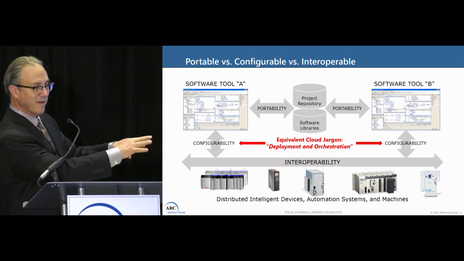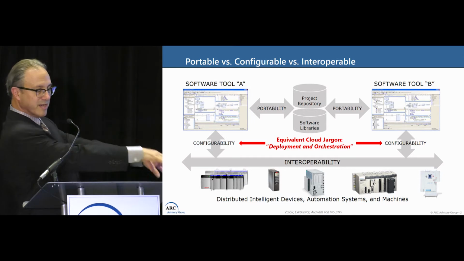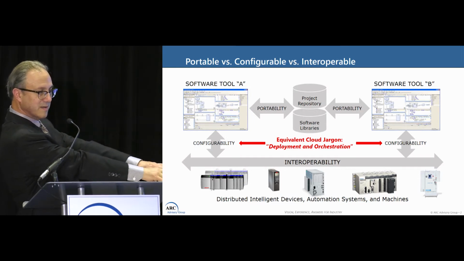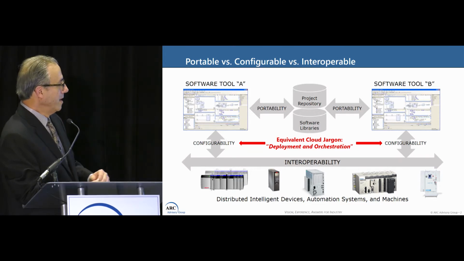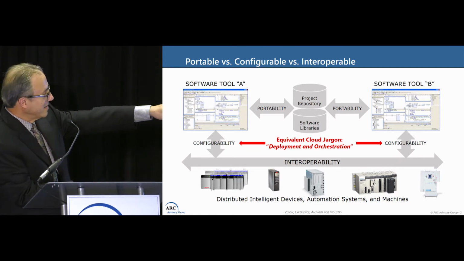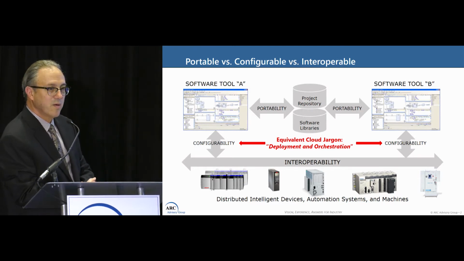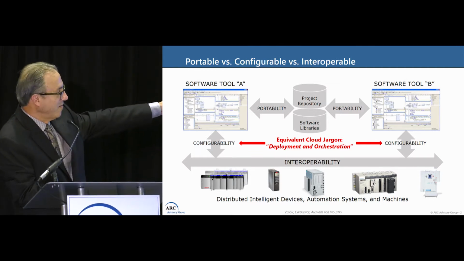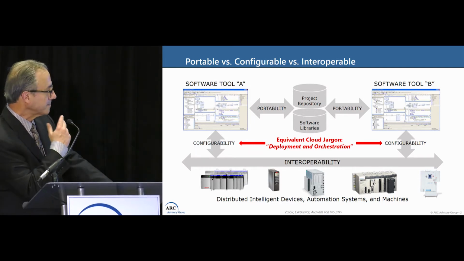We manipulate the parameters in the target device, and then leave. So it's reaching down across a network into a device, adjusting its parameters or configuration, and then leaving. And portability really refers to being able to move the source code, some representation of a configuration and application in some form of language expression, from one tool to another.